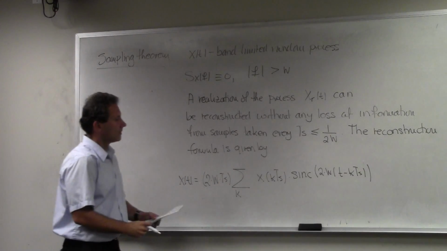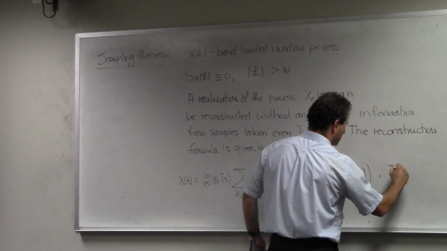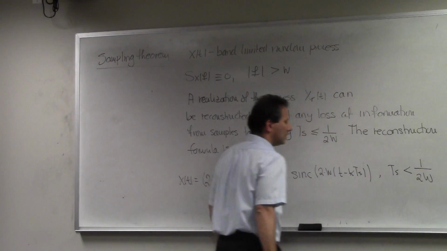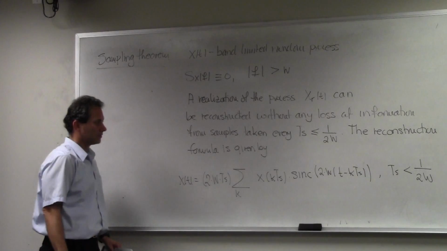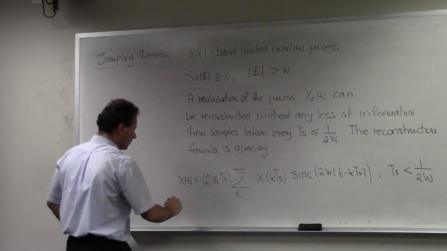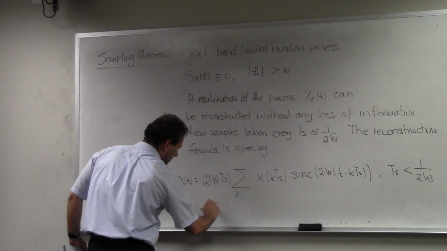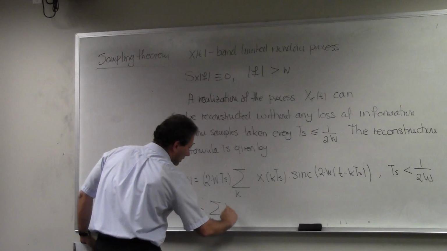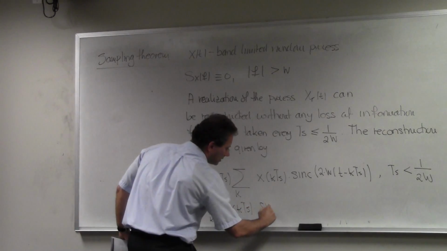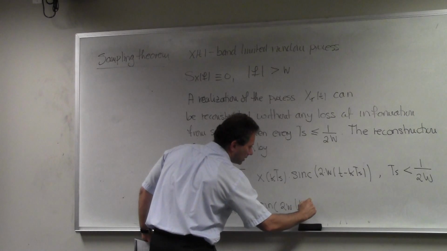This is true when T_s is strictly smaller than 1 over 2W. If I have T_s equal to 1 over 2W, then this factor goes away, and x of t is equal to the sum over k of x of kT_s times sinc of 2W times (t minus kT_s).